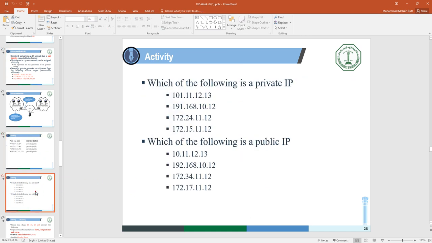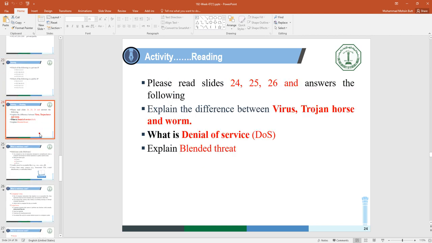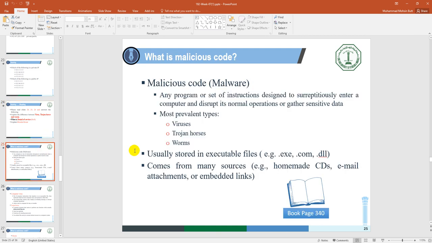We saw some examples related to that, and then I discussed some very basic threats that you can face when you are accessing your computer systems or going online. We talked about malicious code or malware, any program which anonymously enters your computer system, and it can affect it in many different ways.